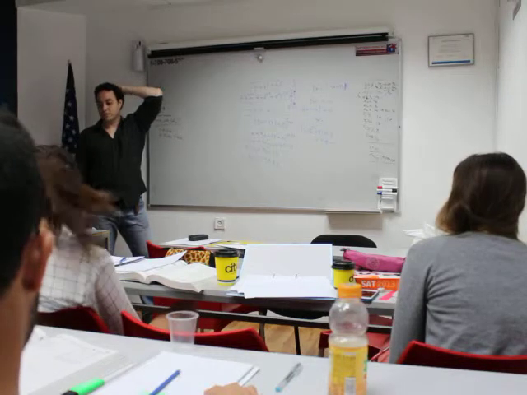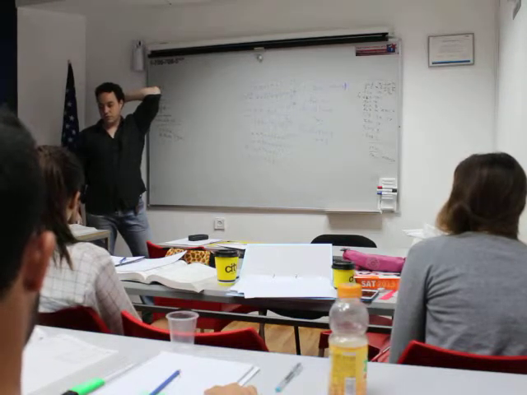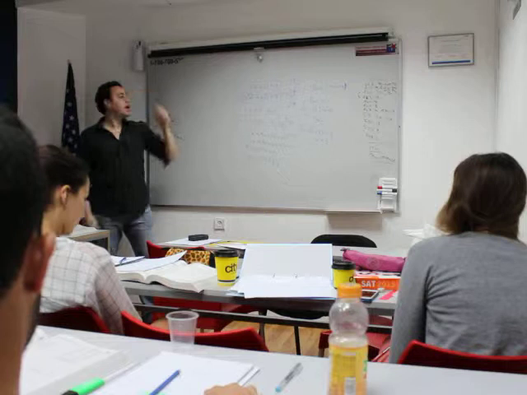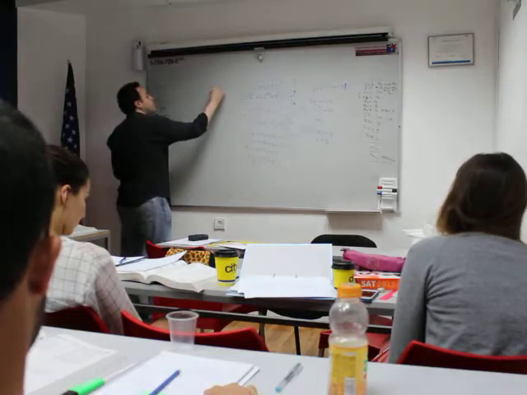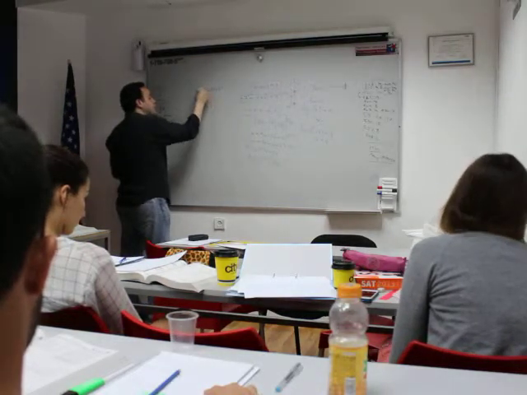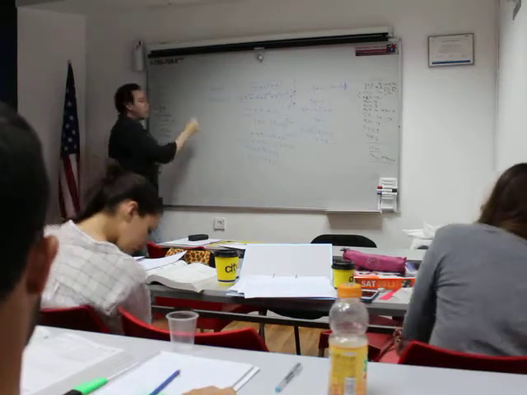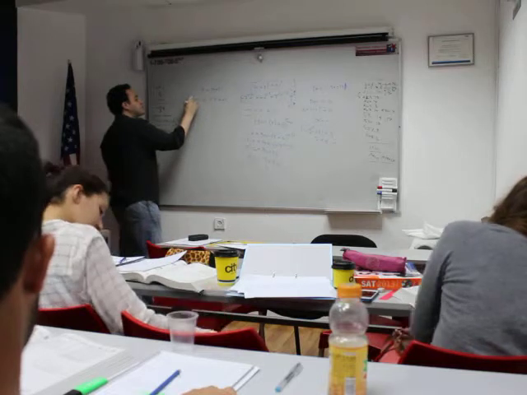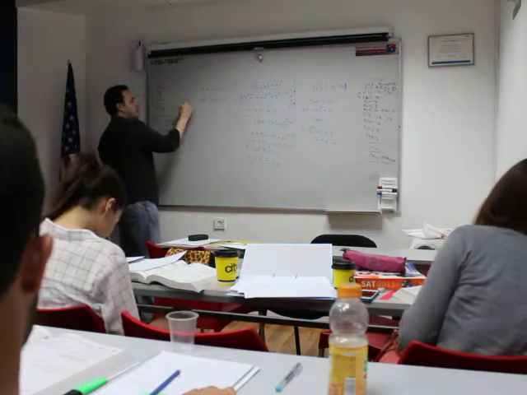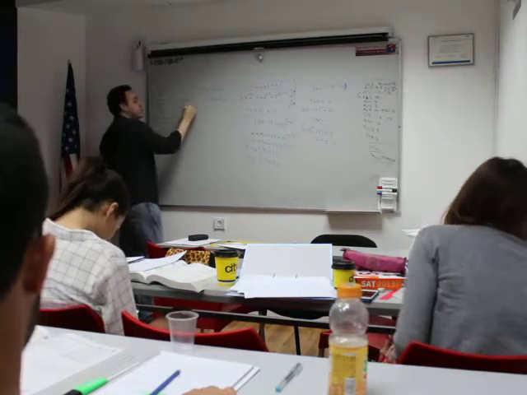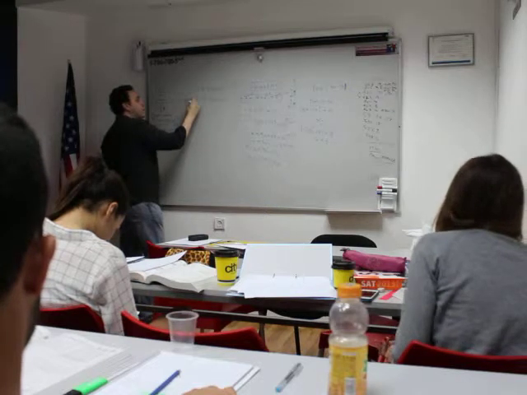If it is not less than but greater than, then I need to split it into two separate inequalities. If the absolute value of x plus 2 is more than 7, that means that x plus 2 is either more than 7, or x plus 2 is less than minus 7.